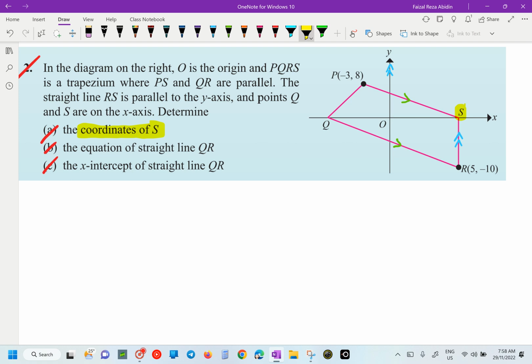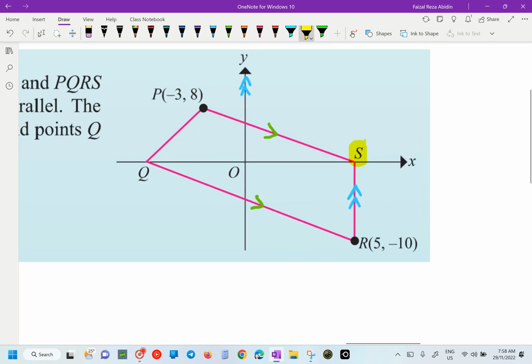So girls, you can determine by looking at our diagram only. Like our friend said, S and R are parallel to our y-axis, which means it's going to be a vertical straight line there, right? So S here is going to have the same x as R, which is 5 here.